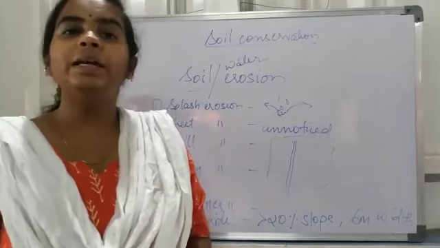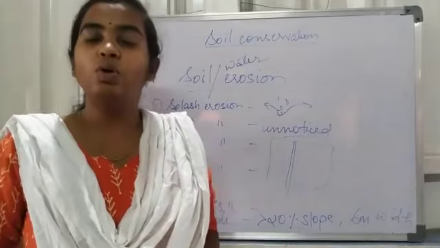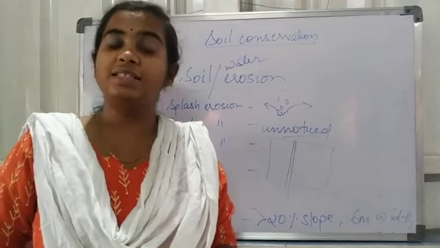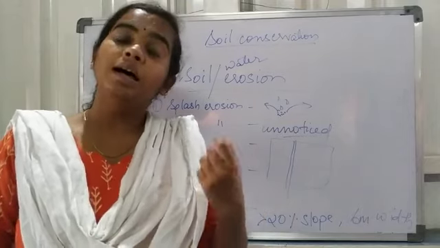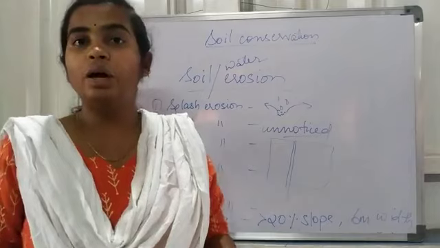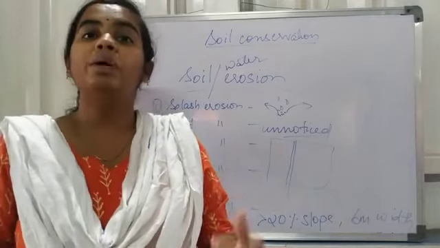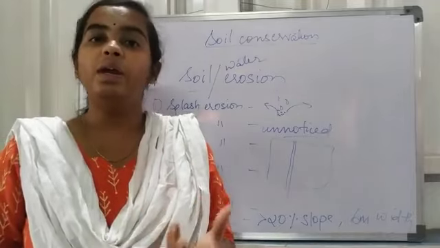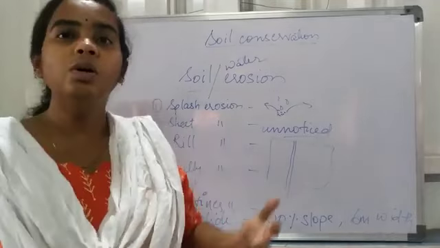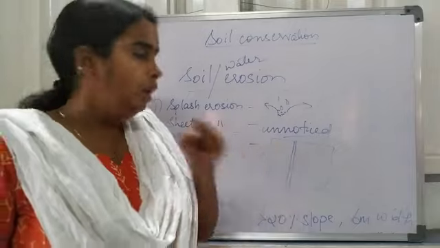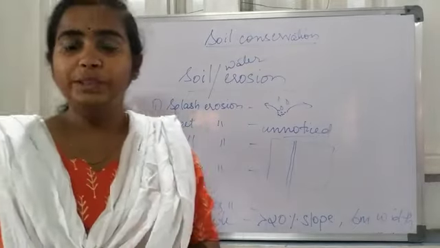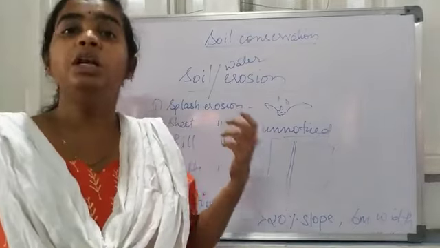There may be the intensity of the rainfall falling onto the soil, whether vegetation is there or not, and also the type of soil, whether it is sandy or clay. So depending on the conditions and various soil characteristics, water erosion forms.